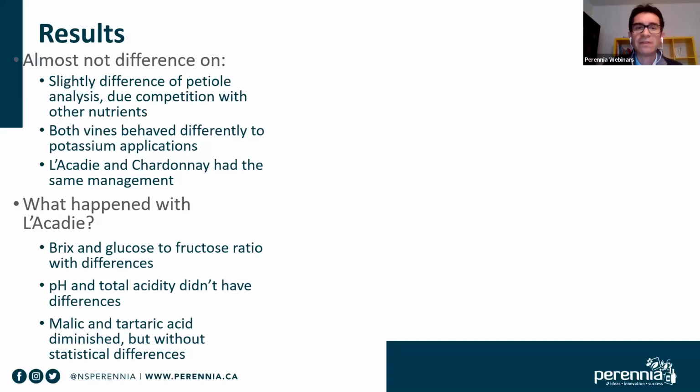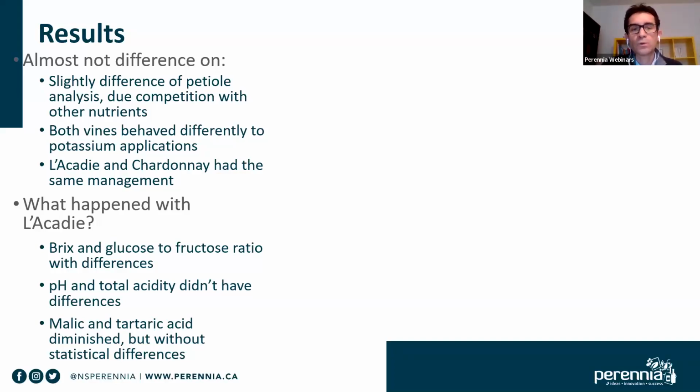Both vines behaved differently to potassium applications. And again, Lacadie and Chardonnay had the same management. Why do I mention all the time that Lacadie and Chardonnay had the same management? Because even though we proceeded the same way, each plant has different requirements and reacts differently.